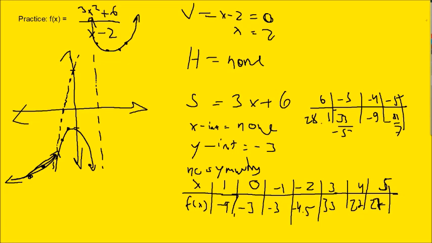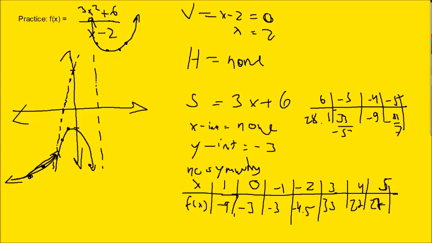Let me see if I actually got the real graph, or if my graph was just absolutely bad, if my graph was not representative. So Desmos, and the graph is 3x squared plus 6 over x minus 2. And graphs are weird whenever they don't pass the x-axis. 3x squared plus 6, all over x minus 2.